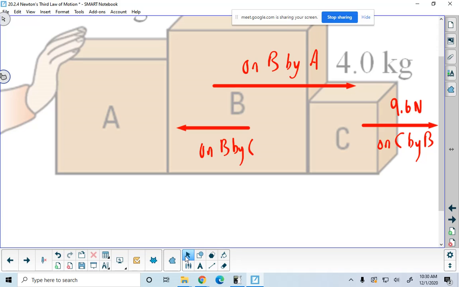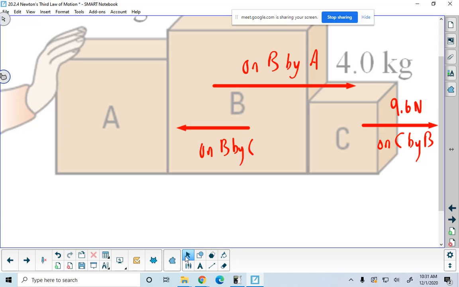And since box B accelerates to the right, there must be another force acting on B to the right that's greater than the force acting on B to the left by C. I think one of the many reasons why this is complicated is you have to keep the language straight. We're talking about 3 different objects, left and right. And if you confuse the word on with by, on B by A is not the same as on A by B.